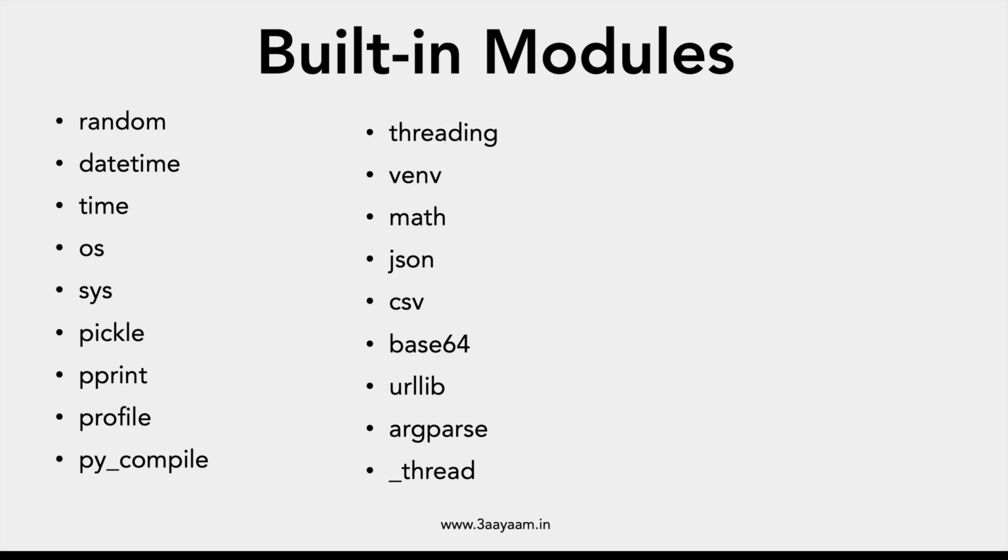The module base64 is used to encode a particular string or data in base64 format. urllib is used to get URL information and work with various HTTP URLs. argparse is used to parse the arguments in Python. For example, I run a code and then give -d, then -a, etc. If we provide values there, then we use the argparse module to parse those arguments that we have passed in the program. Then there's _thread also, which can be used.